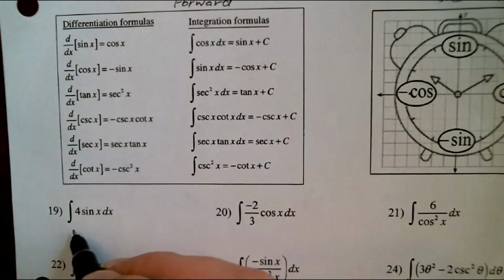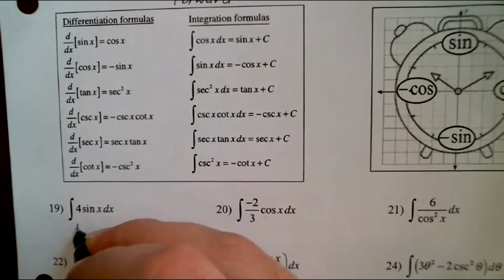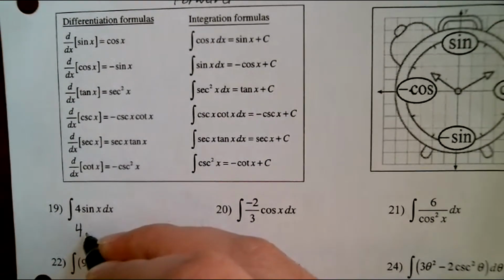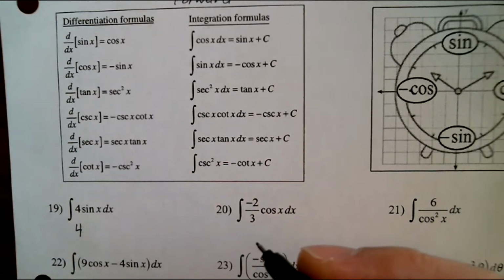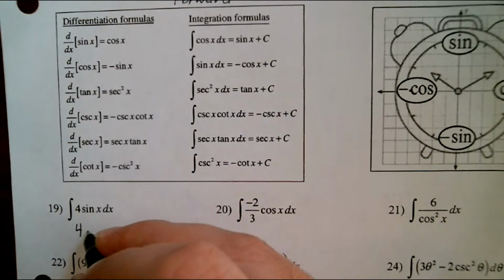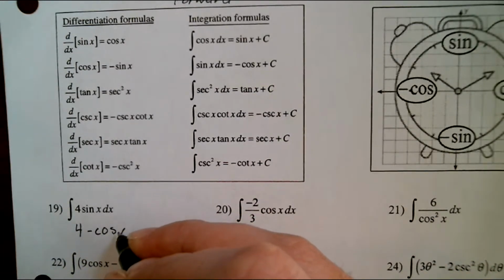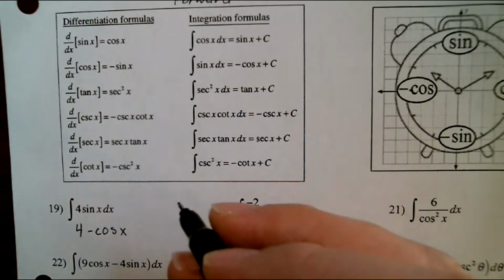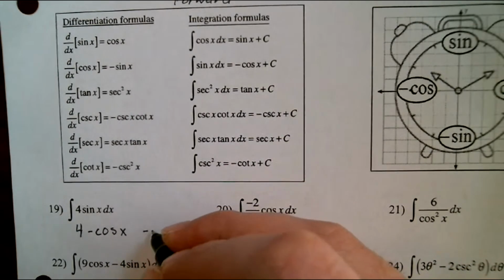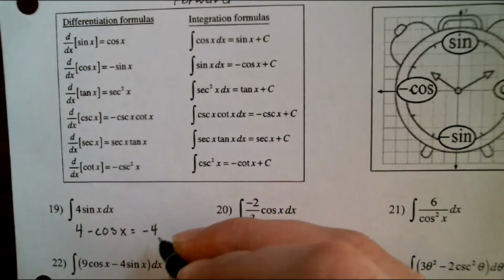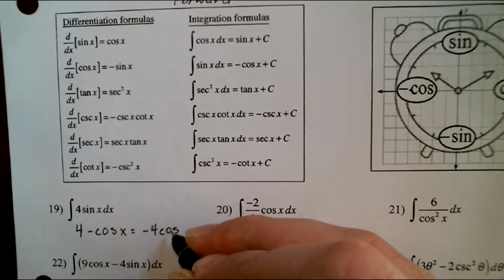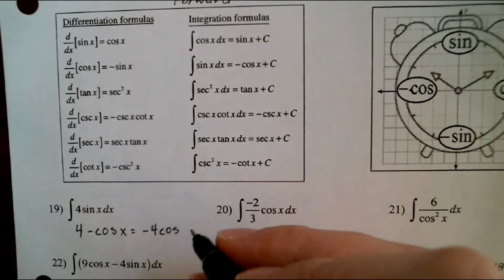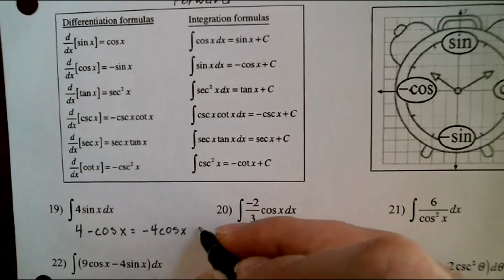It would be 4 times negative cosine x, which is negative 4 cosine x, just moving the negative out front. And always remember everything ends with plus c.